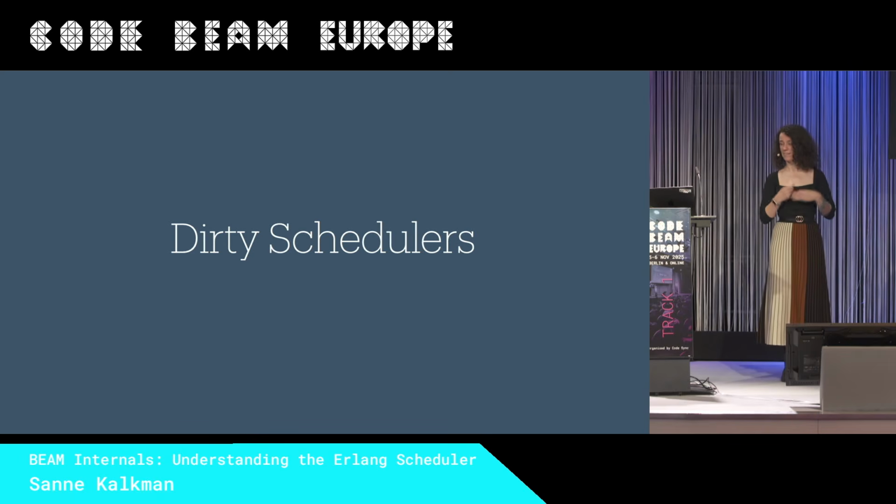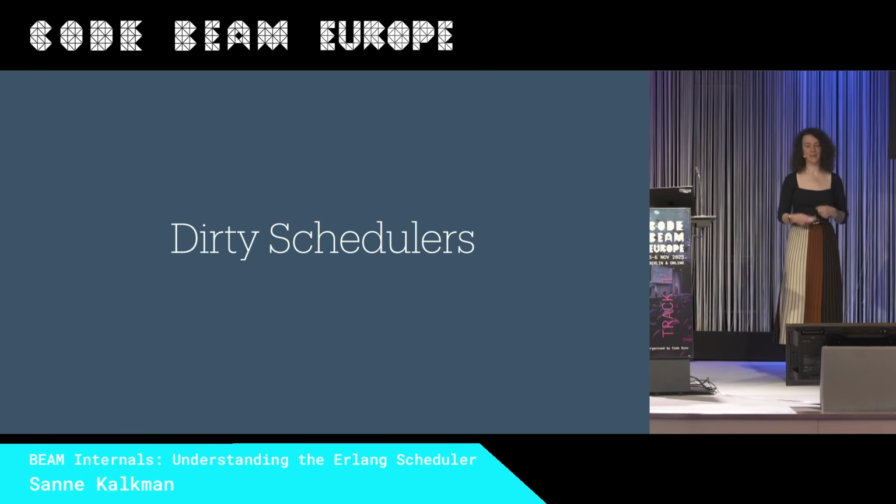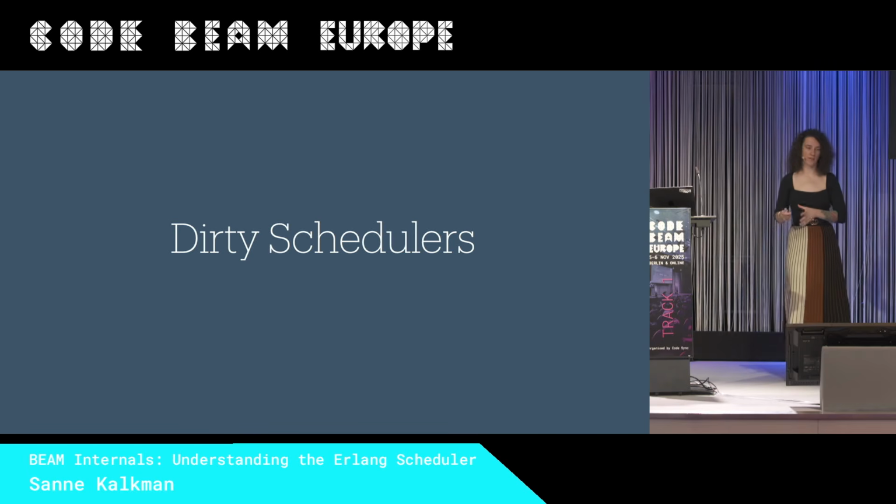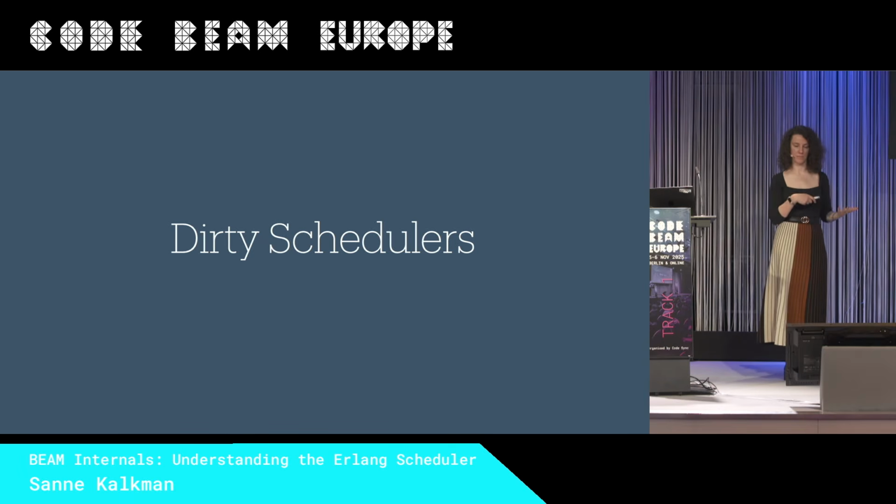But anyway, dirty schedulers are schedulers specifically for work that happens outside the beam. Less neat, less tidy, CPU heavy, IO heavy, and they run in a separate thread. They ensure that you can do all this dangerous outside-of-the-beam CPU heavy work without it completely blocking all the resources from everything else that is running in the beam.